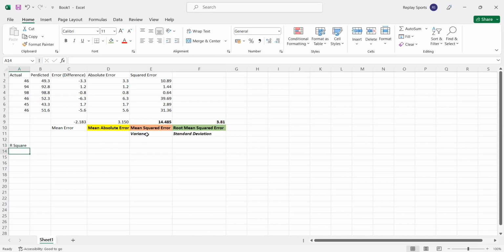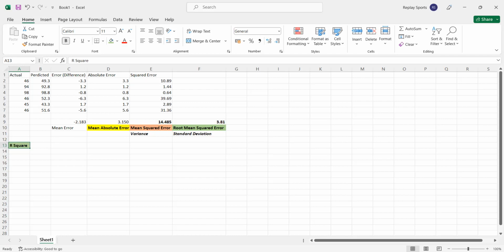Now this R square, I just said, compares your metric with respect to average metrics. So if you had not taken the regression line, and instead taken the average line.